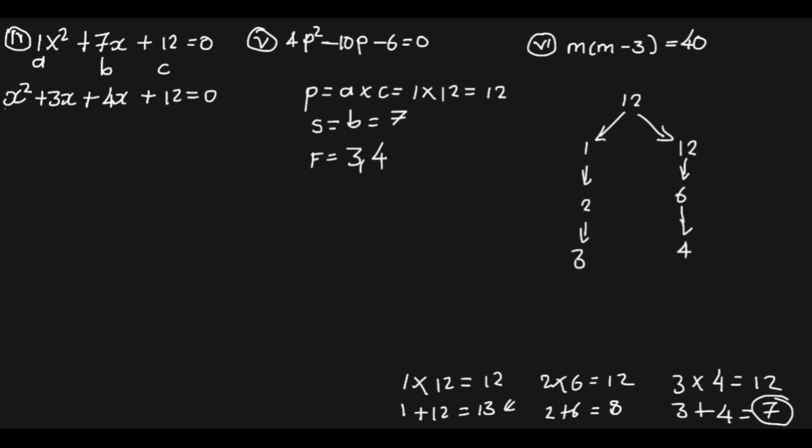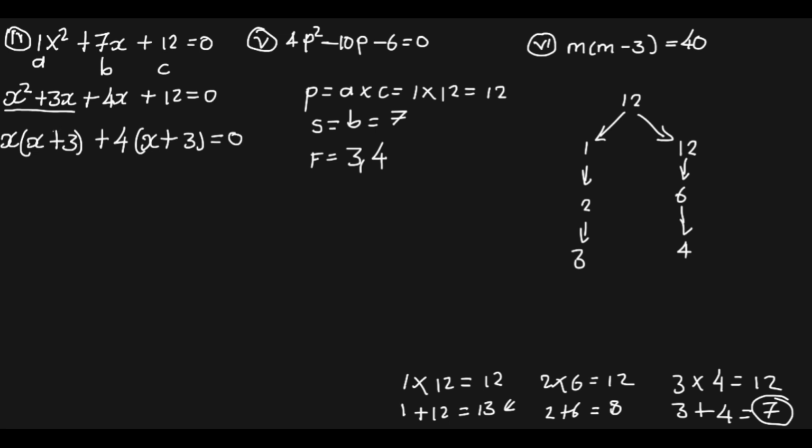So we are going to factorize by grouping. We are going to factorize the first part. Here we can see that x is common. Then we divide x into x squared is x, plus x into 3x, we are going to get our 3. Plus here we can see that the greatest common factor is 4. 4 into 4x is just x, plus 4 into 12 is 3, is equal to 0.